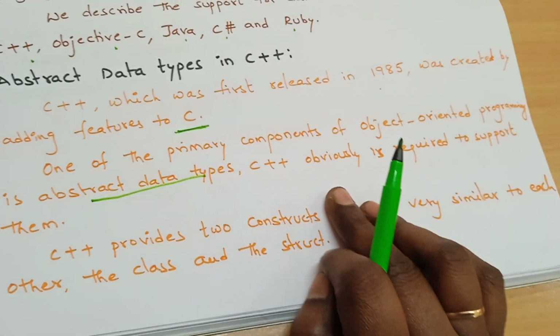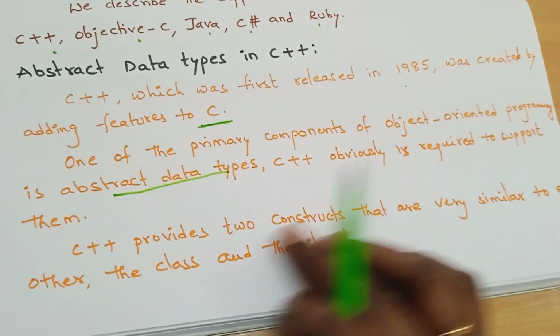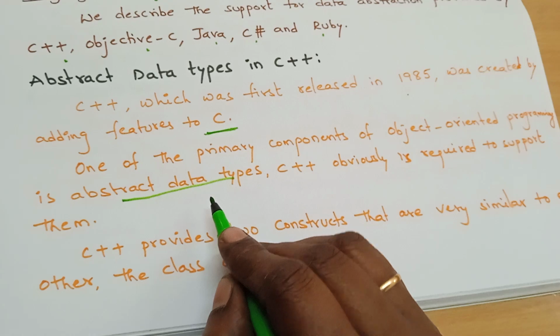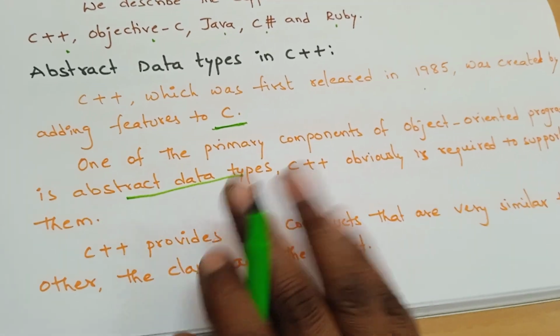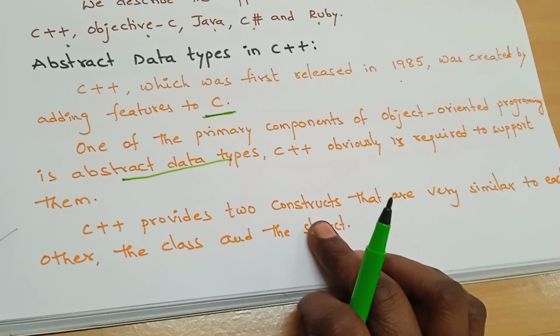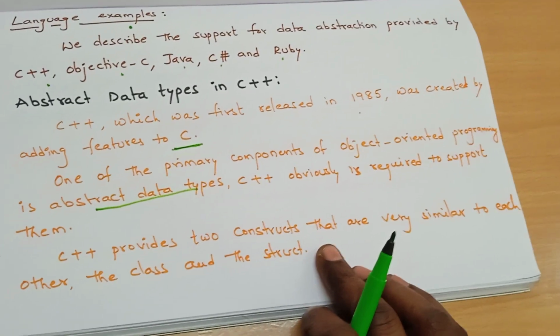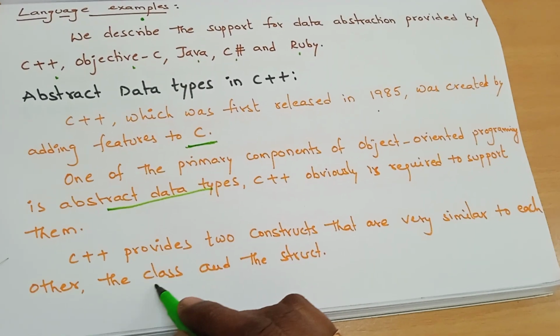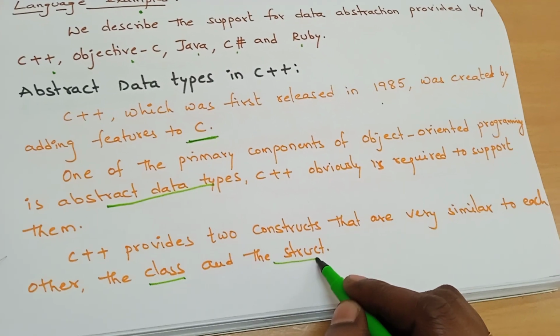C++ is obviously required to support them, since it is an object oriented programming language. C++ provides two constructs that are very similar to each other, which are the class and the struct.